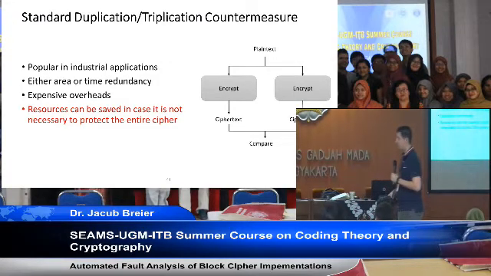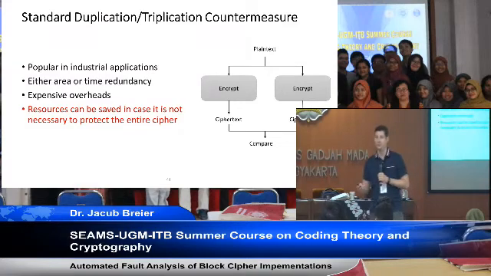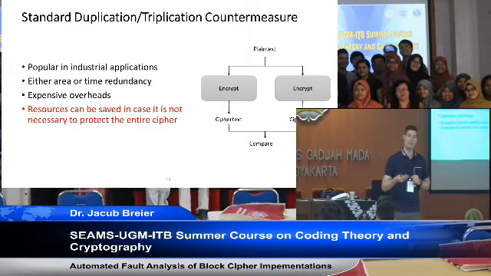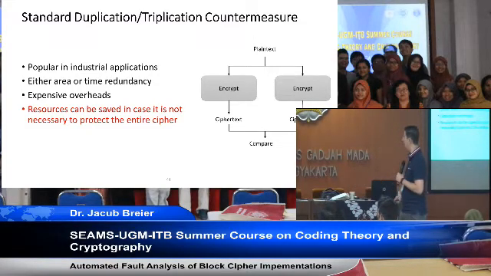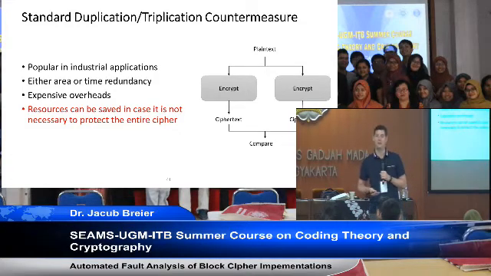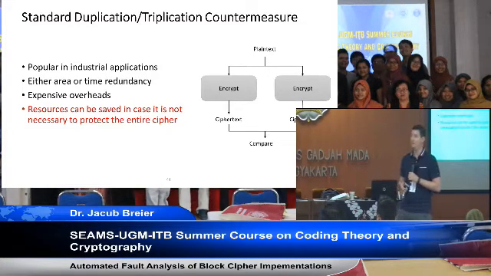It is important to know whether we really need such high redundancy if we might not even be able to do such an attack. So what we are looking at is, for example, whether we need to make the entire cipher redundant, or we can make only the last couple of rounds redundant, and that will be enough to protect against faults.